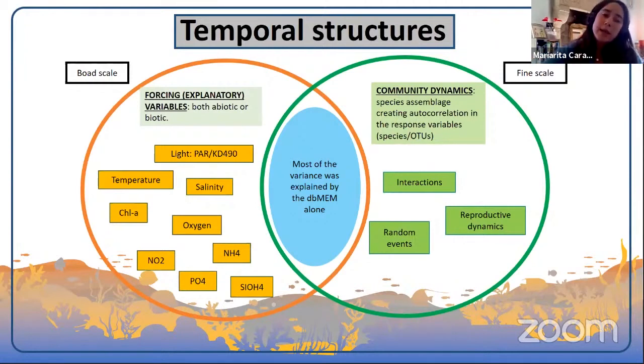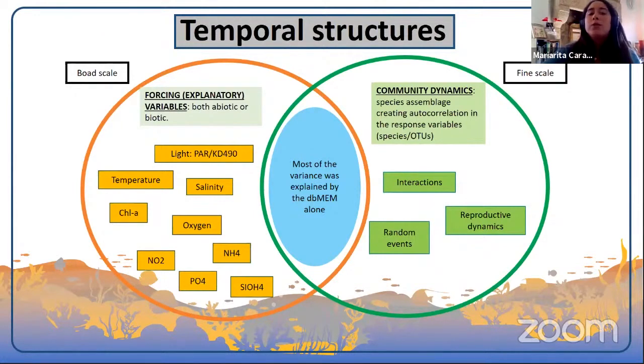The ones selected and confirmed, as we already knew from the literature, were photosynthetic active radiation, coefficient of light attenuation, and temperature, followed by the macronutrients phosphate, nitrate, silicate, and other parameters related to the biogeochemical condition of the water. But most of the variance, as I told you, was explained by the dbMEM, and the dbMEM represent the community dynamics.